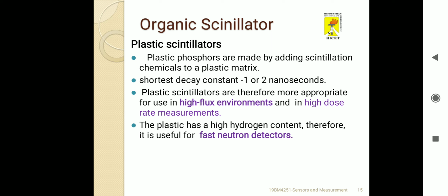The plastic has a high hydrogen content, so it is also useful for fast neutron detectors. So the three uses of plastic scintillators are high flux environments, high dose rate measurements, and fast neutron detectors.